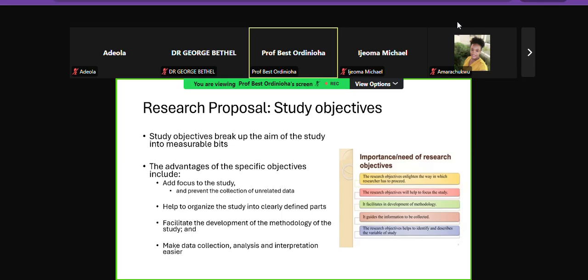So most of what you are going to do, whether it is clearly stated as a CAP study or not, once it involves knowledge, once it involves practice, once it involves lifestyle, please make it a CAP. Ensure that you capture the objectives as knowledge, attitude, and practice.